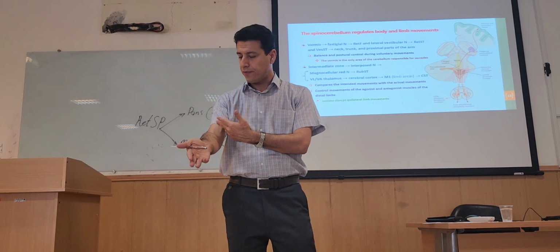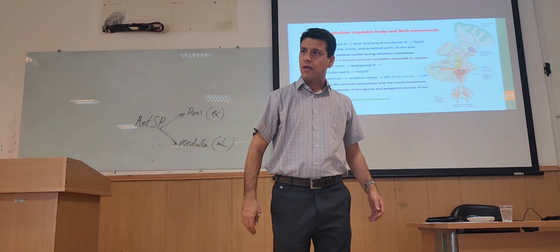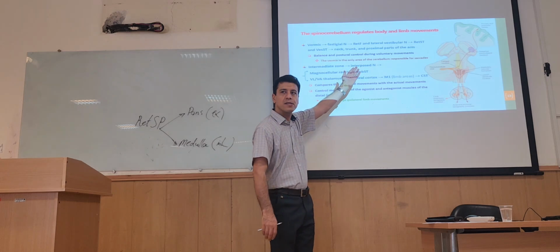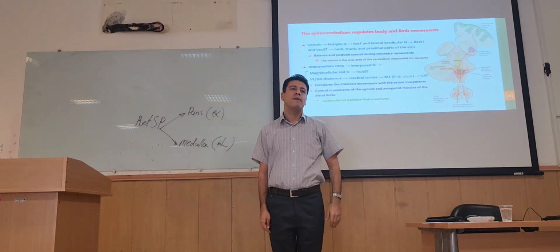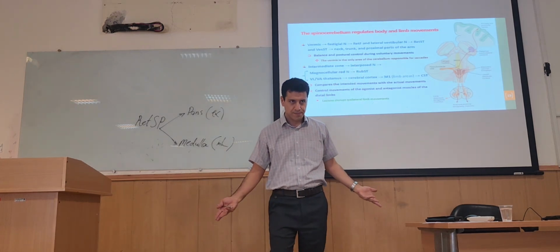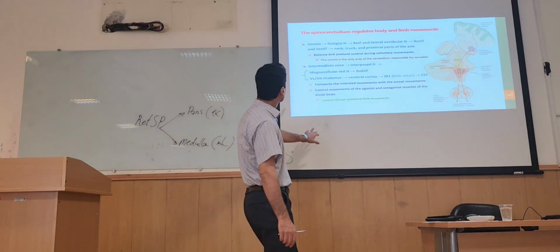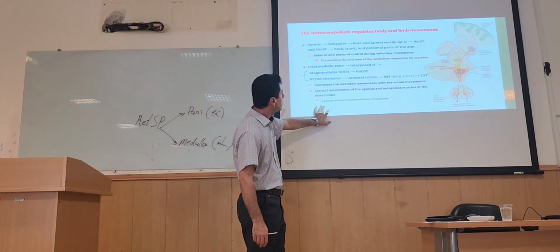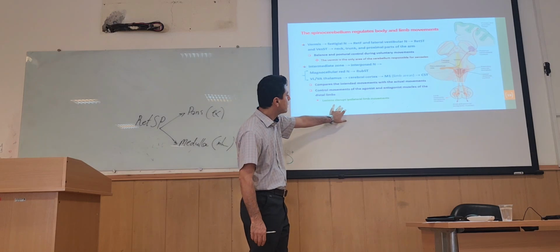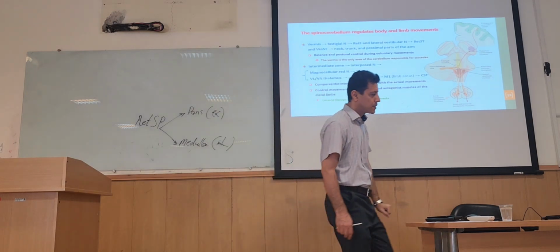These two are important for limb movements, but medial systems are mainly important for balance and posture. Got it? So a lesion in the intermediate zone may cause disruption of ipsilateral limb movements.